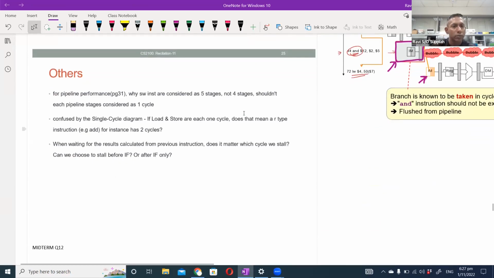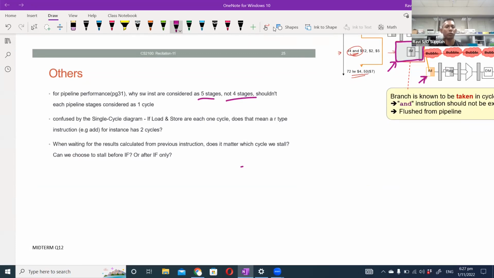Okay, so let's see, pipeline performance. This one is basically talking about a single cycle. Whatever instruction it is, we still need to factor in the total time taken for the completion of all types of instructions.